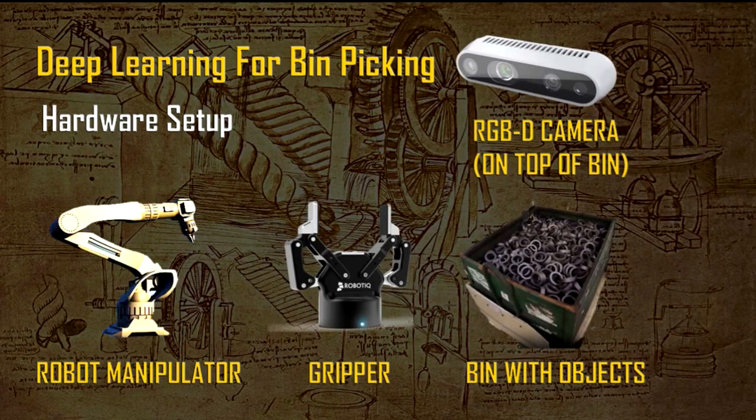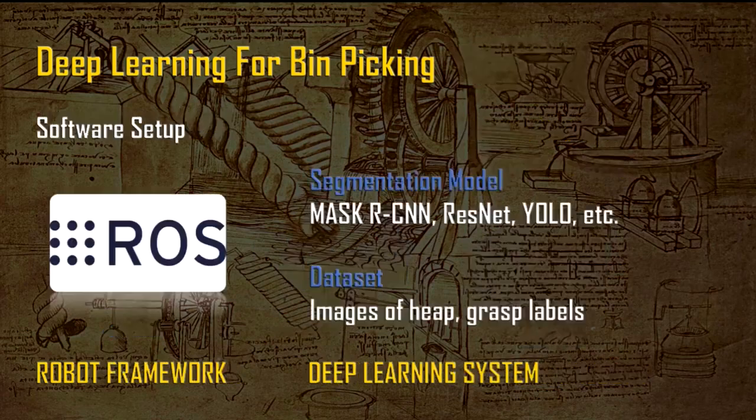So I'm choosing a very simple system, and based on the interest level we can also discuss in more detail. The hardware setup is such that we have a robot manipulator arm with a 2-jaw gripper and the bin with objects, and I'm just using an RGBD camera, so a camera with a depth sensor as well, so we get the depth.